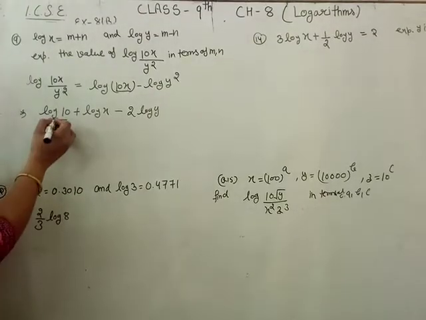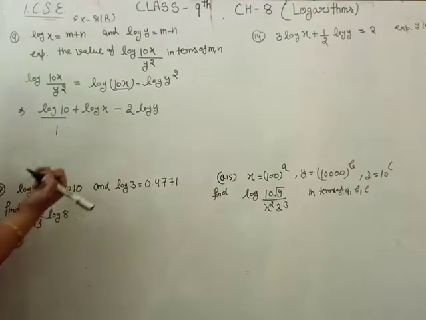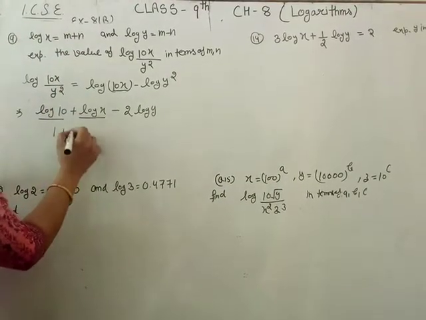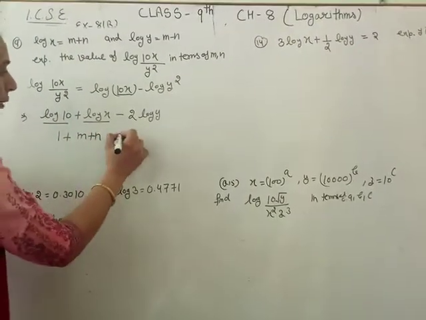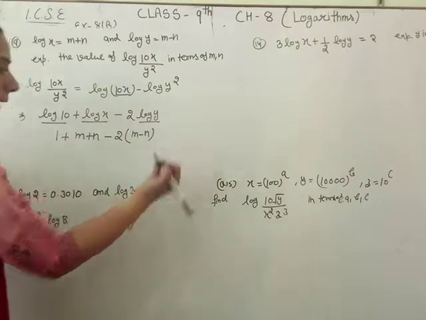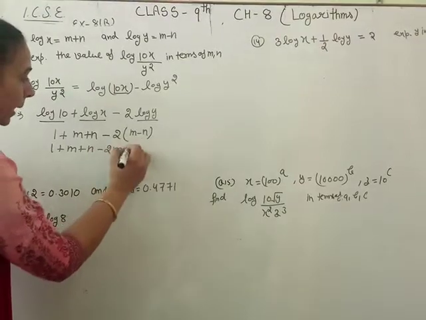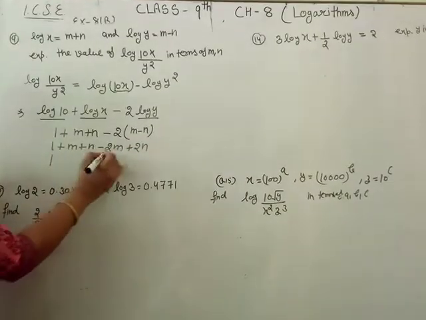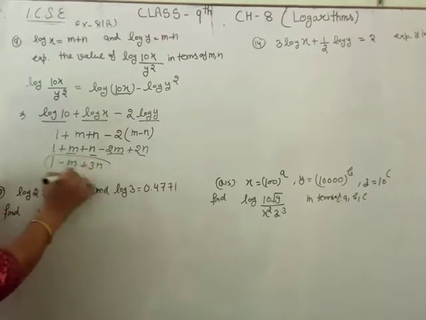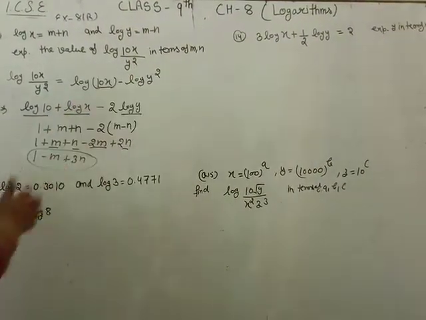If the base is not mentioned, then the base is 10, so log 10 at base 10 has the value 1, plus log x, which is m plus n, minus 2 times log y, which is m minus n. Then 1 plus m plus n minus 2m plus 2n. That gives 1 minus m plus 3n. This is our answer in terms of m and n.